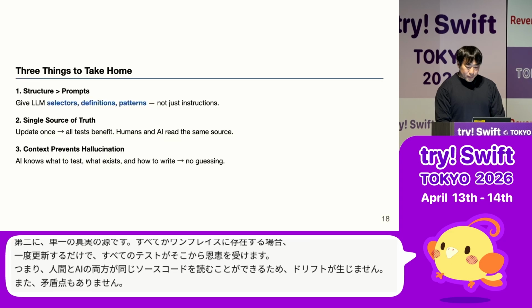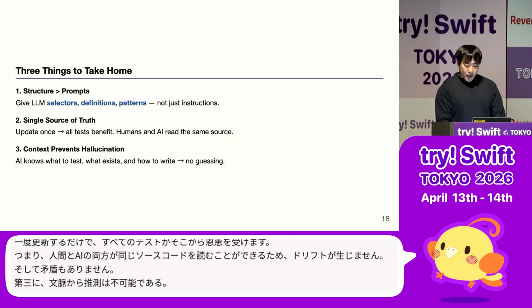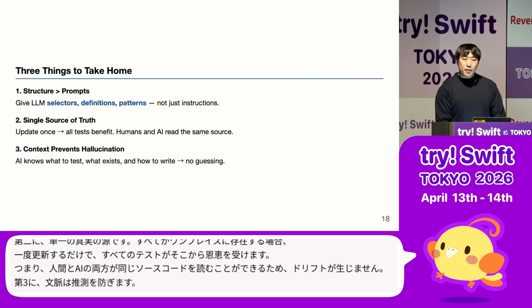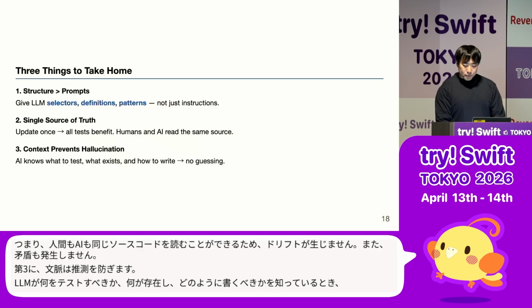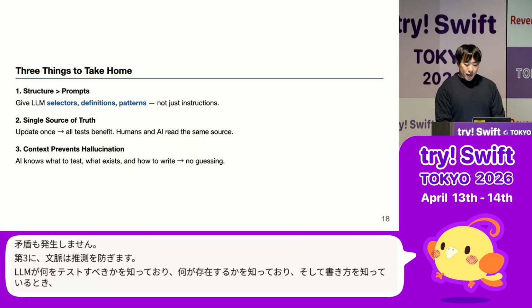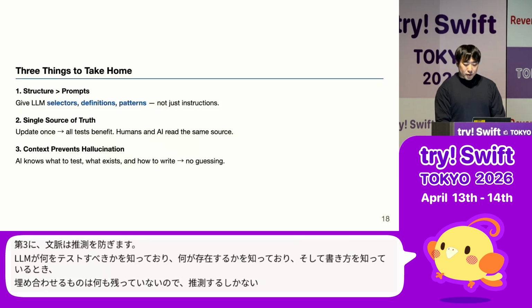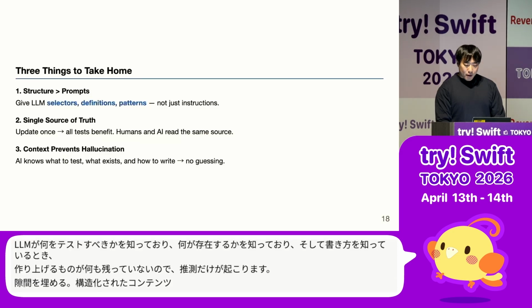Third, context prevents guessing. When the LLM knows what to test, and also what exists and how to write, there's nothing left to make up. Guessing only happens in the gaps. Structured context fills these gaps.